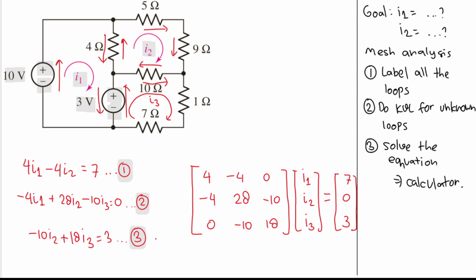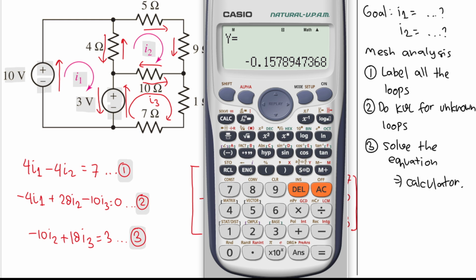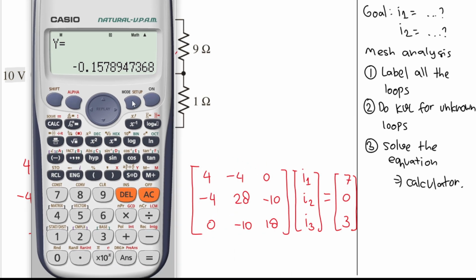Good. Now let's use calculator to solve this. Let's solve the equation. Let's press this button here. Equation solver is number 5. And we need 3 variables, which is number 2. Good. Now let's just input the first row. We will have 4 minus 4 and then 0. And then the result will be 7. Good.